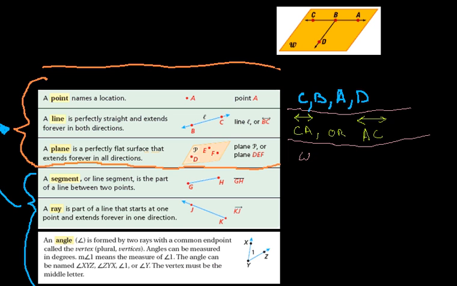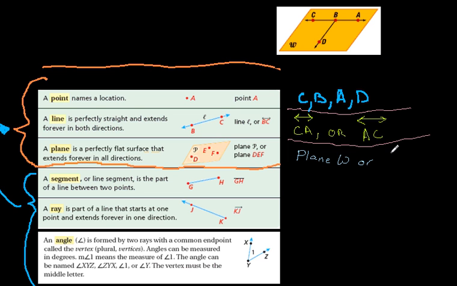And I don't want to use my pink because that's what I'm using to separate. So I'll go back. Let's just choose a new color here. Say, hey, I could label it plane W, or I could also label or name this using any 3 points on the figure.